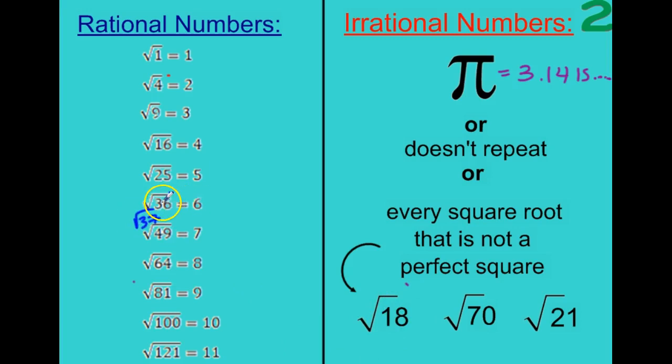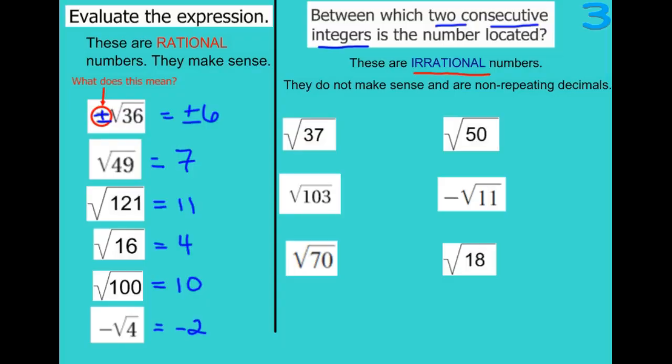It's between the square root of 36 and the square root of 49. So I'm going to write that it's between the square root of 36 and the square root of 49. Well, if we simplify, the square root of 36 is really just 6, and the square root of 49 is really just 7. So if I were to plug this in your calculator, it would be somewhere between 6 and 7, like 6.12, and on and on.